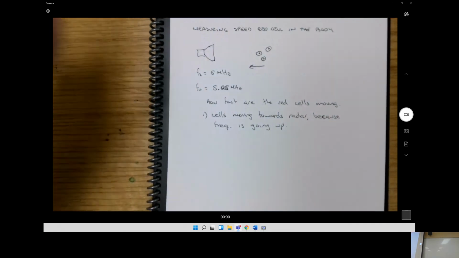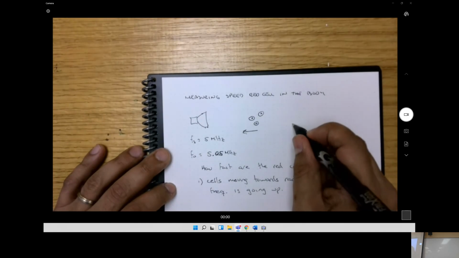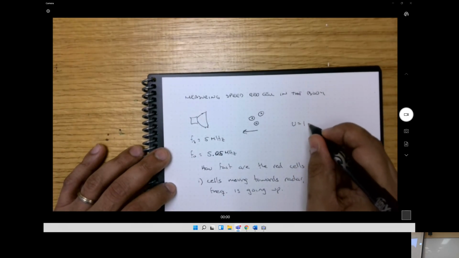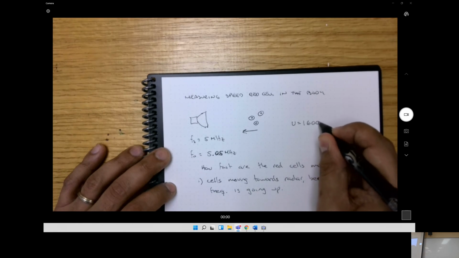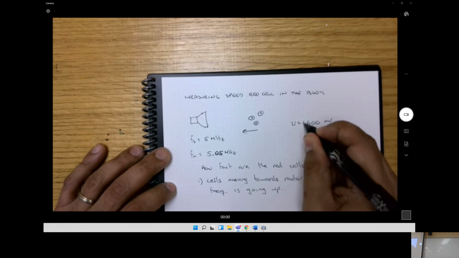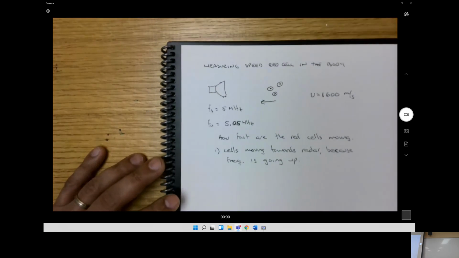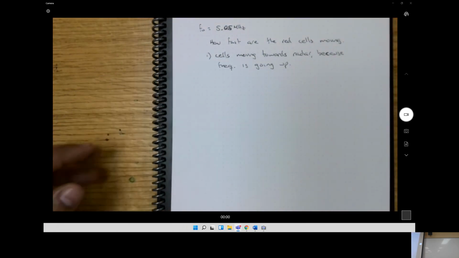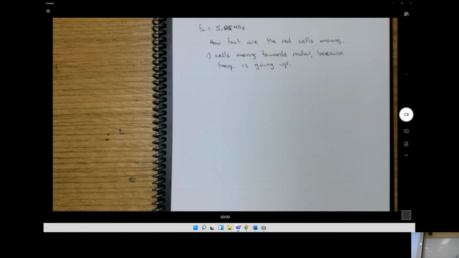The other piece of information that we know is the speed of sound in the blood, and I'm going to say that this is 1600 meters per second. Okay, give it a try. I'll give you 5-10 minutes, and then we'll do it together.